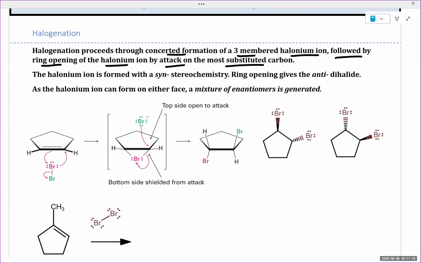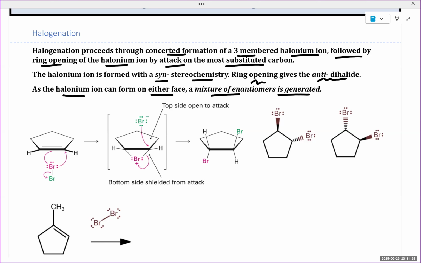The halonium ion is formed with syn stereochemistry, and ring opening gives the anti-dihalide. Because the halonium ion can form on either face, a mixture of enantiomers is generated.